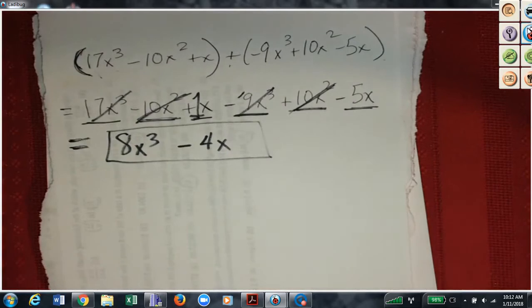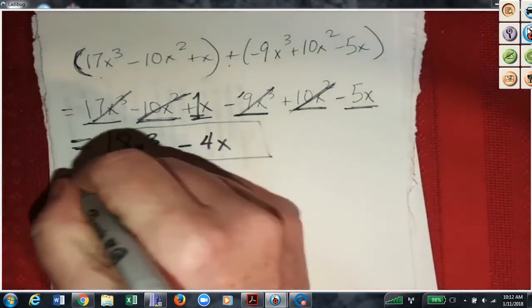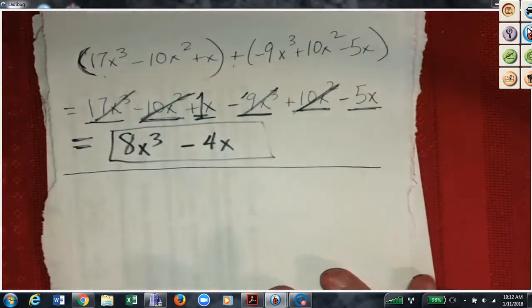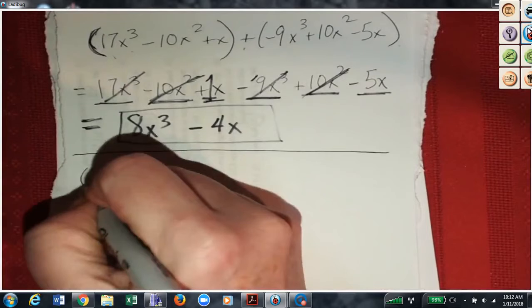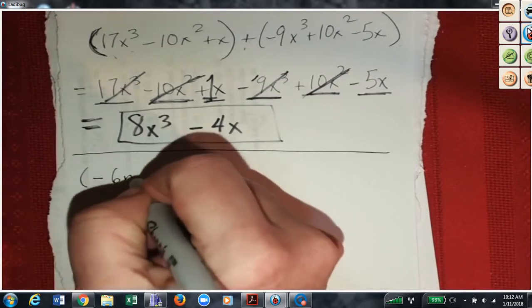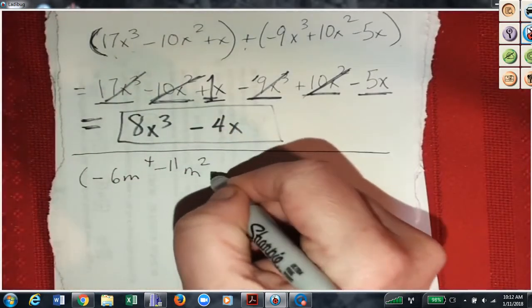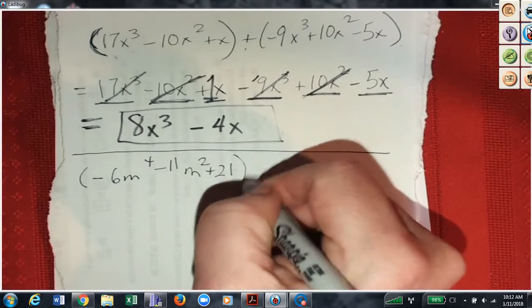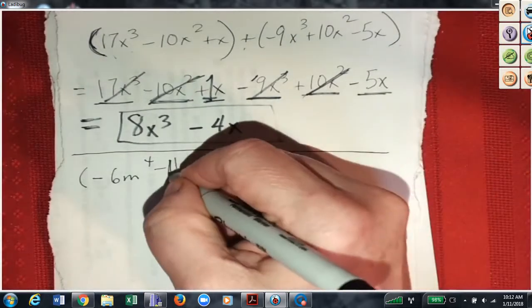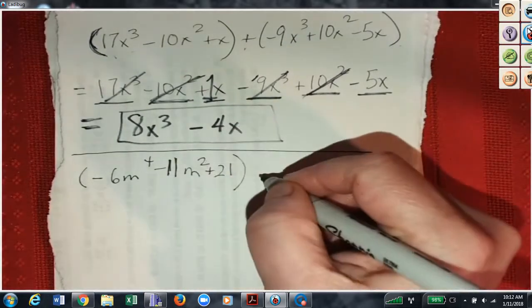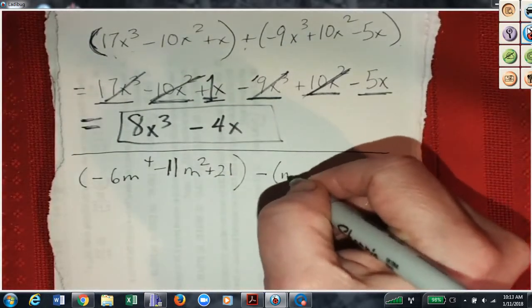So now let's bump up the difficulty. Let's try a new one. Let's see if we can put these together. So that's minus 11, and then that.